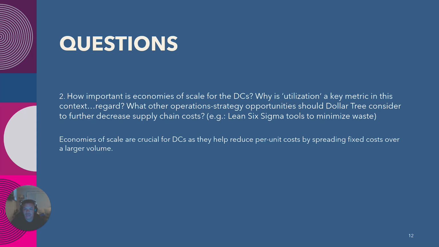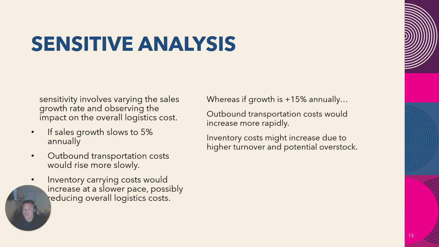How important are economies of scale for the distribution centers? Economies of scale are crucial for DCs as they help reduce per unit cost by spreading fixed cost over large volumes. And then the sensitivity analysis. For me, sensitivity involves varying the sales growth and observing the impact on the overall logistics costs. If sales growth slows to 5%, outbound transportation costs would rise more slowly.